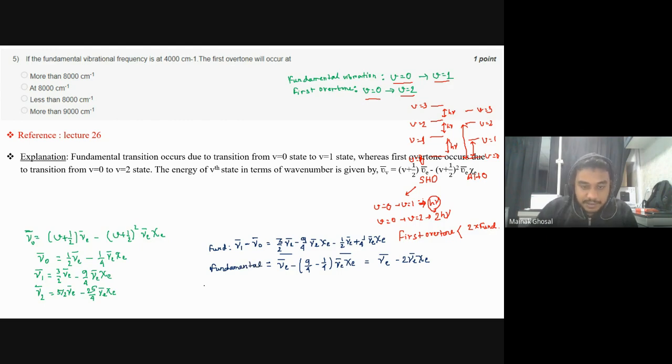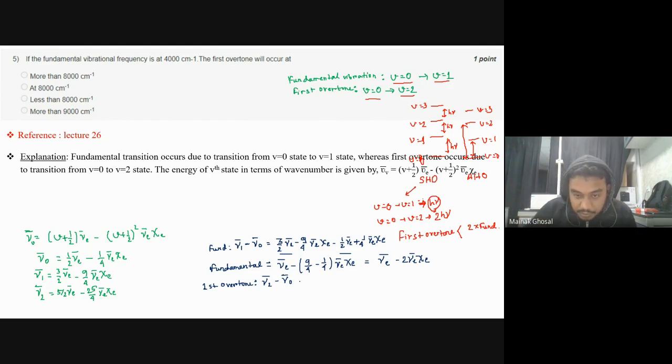Now I have to find the same thing for the first overtone. And I have said that for the first overtone, the transition will be from v equals 0 to v equals 2. Since my v equals 0 is the lower energy level, I just subtract v equals 0 from v equals 2.